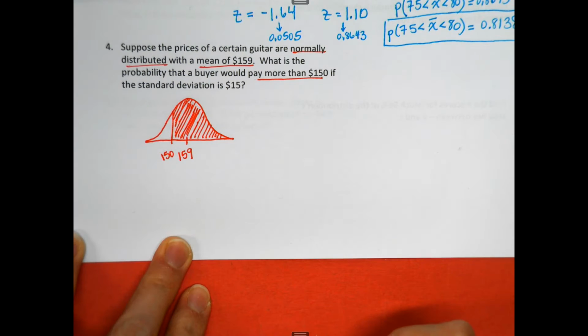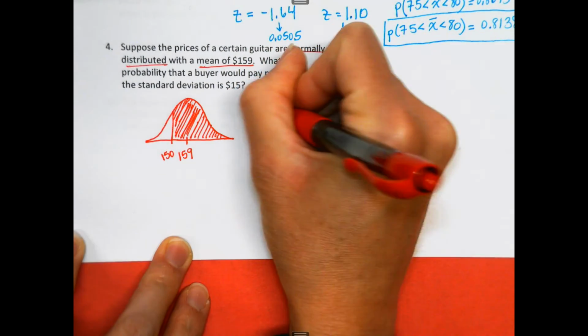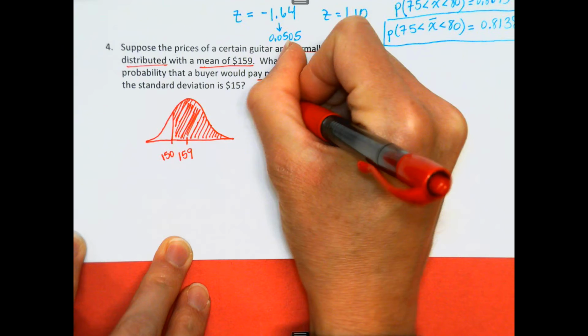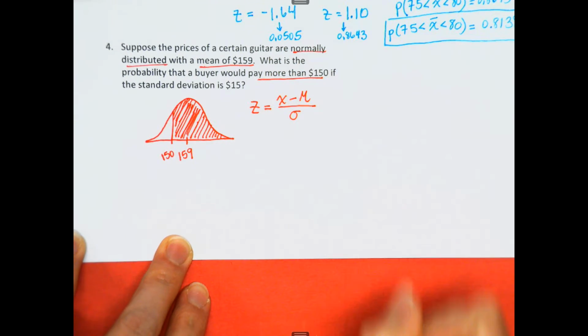Now, we need to find out what our z-value is so that we can use our standard normal probability table. Z is going to be x minus the mean divided by the standard deviation.